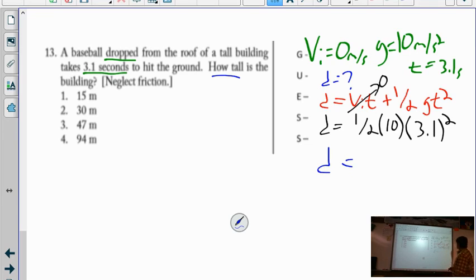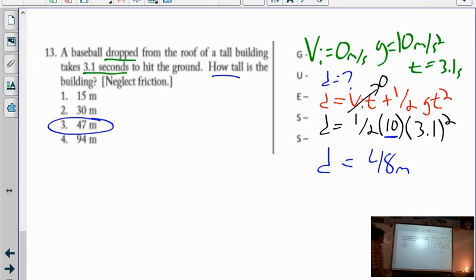D equals, if you do this out, where's my 3.1? So 48 meters. Once again, that's using 10 rather than 9.8. So when I come over here, I don't see 48, but 47 is close. Okay, and that's the free fall problems.